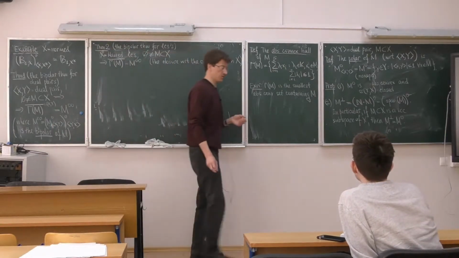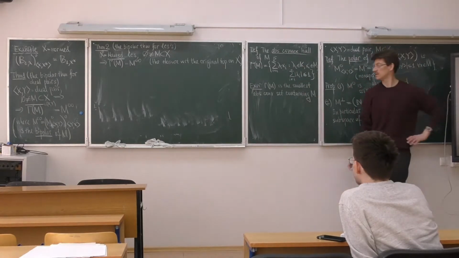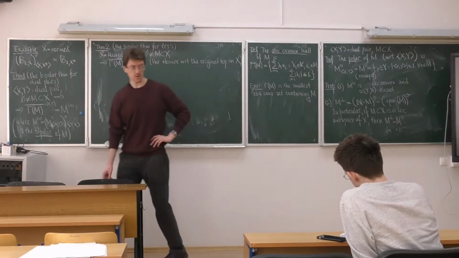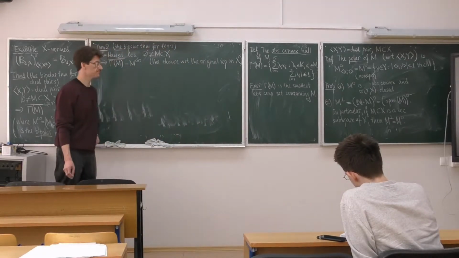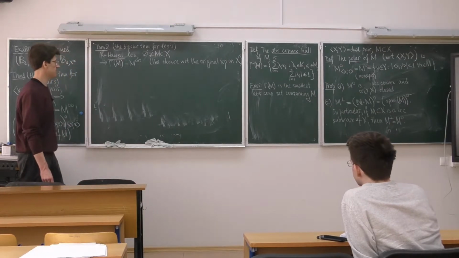The proof of the bipolar theorem is slightly more involved than the proof of the double annihilator theorem, so I have no time to prove this result. But it is also based on the Hahn-Banach theorem. Again, the main technical tool is the Hahn-Banach theorem.